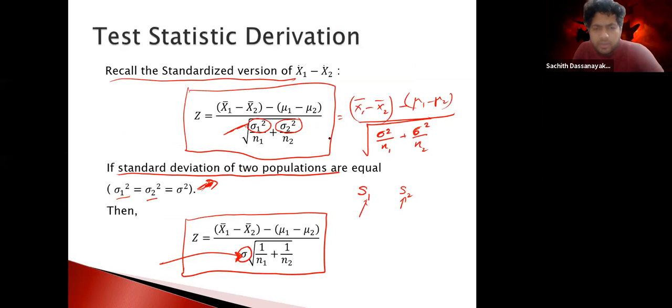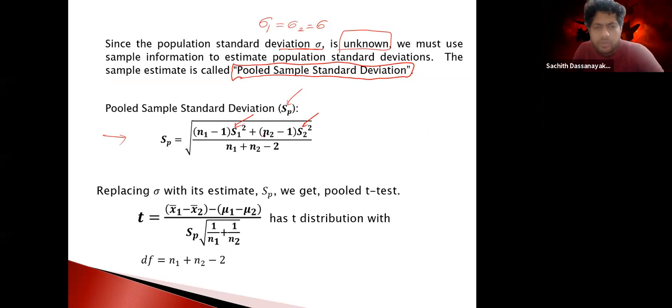You don't need to know how we get this formula; you can use the result. So when you use the pooled t test, you assume the standard deviations are equal, but you don't know what they are.